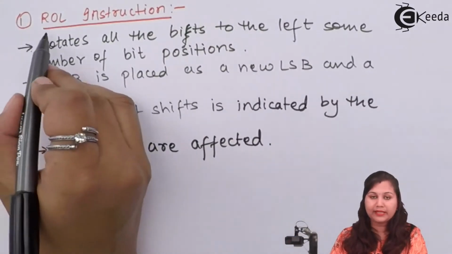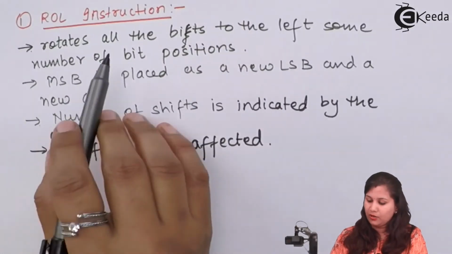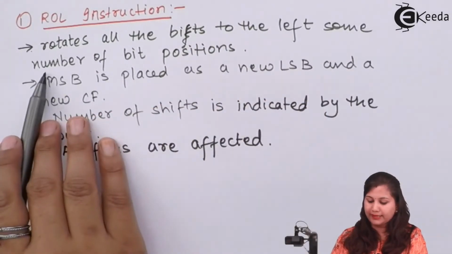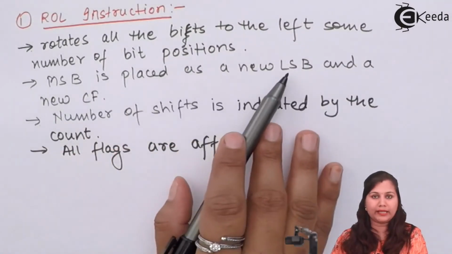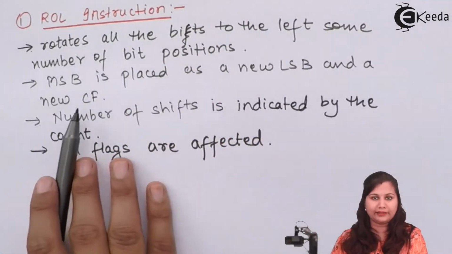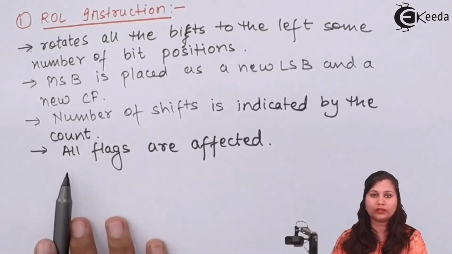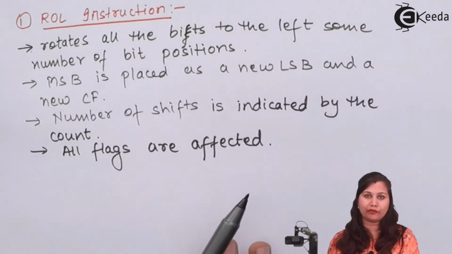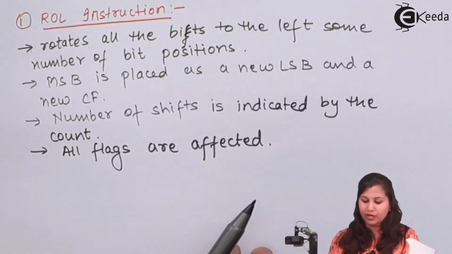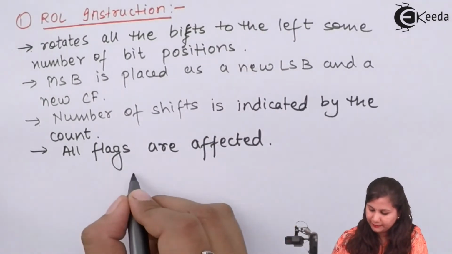So this ROL instruction rotates all the bits to the left by some number of bit positions. The MSB is placed as the new LSB and also in the carry flag. The number of shifts is indicated by the count, and all the flags are affected. If we see the diagram for this ROL instruction, it rotates to the left hand side.